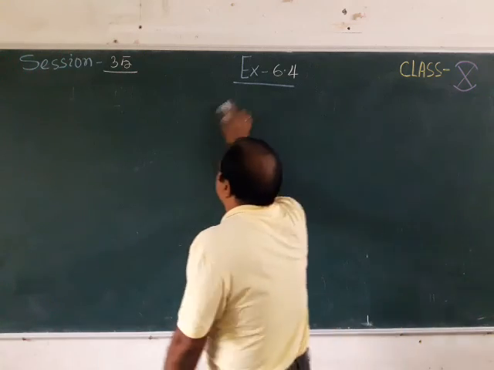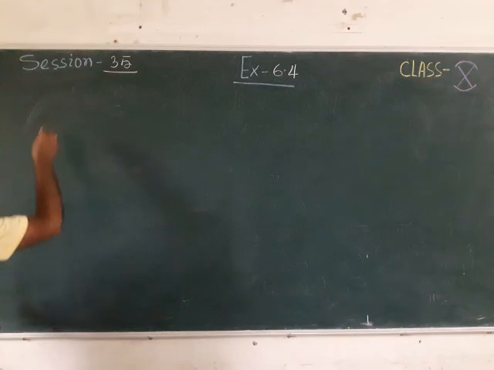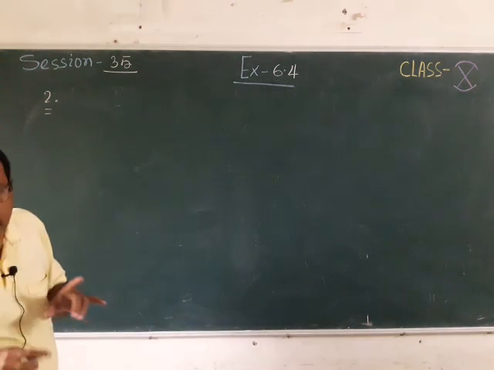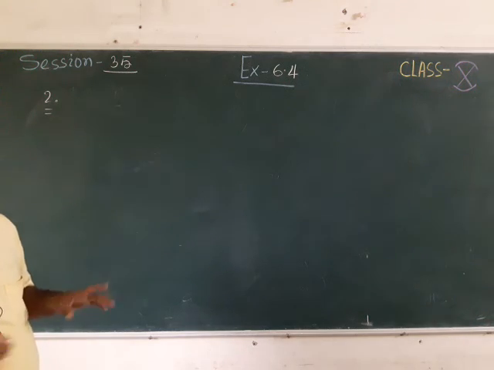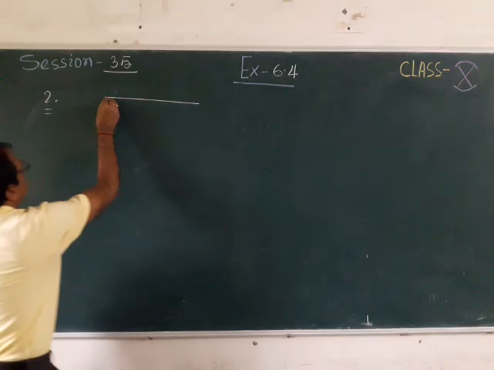Now, I am talking about how you will do this question number 2. Here it is given a trapezium ABCD, that means you need to draw a trapezium in the solution part.